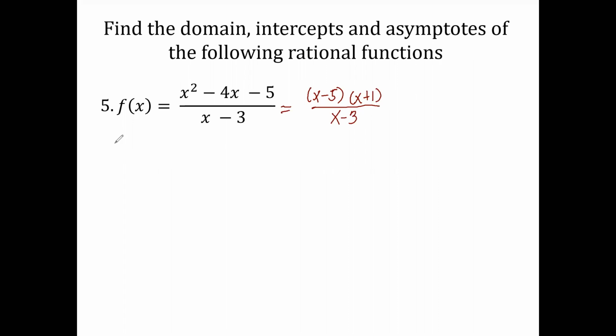So let's identify now the domain of the function. It's just x such that x should not be equal to 3. In interval notation, that is negative infinity to 3, union 3 to positive infinity.